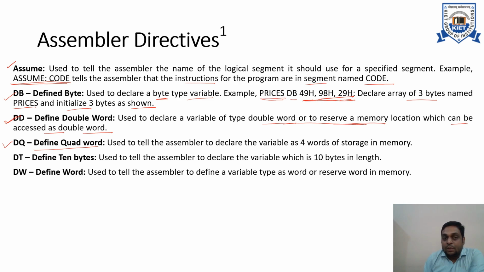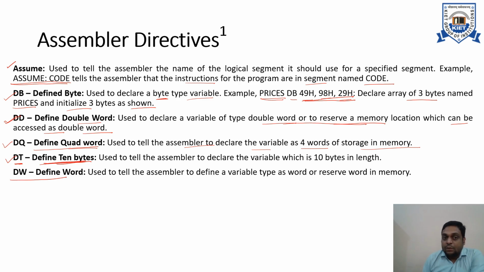Quad means 4. It is used to tell the assembler to declare the variables as 4 words of storage in the memory. Similarly, here double word, here 4 words. Next is 10 bytes. If 10 bytes need to be located in the memory, then this DT, define 10 bytes directive will be used.